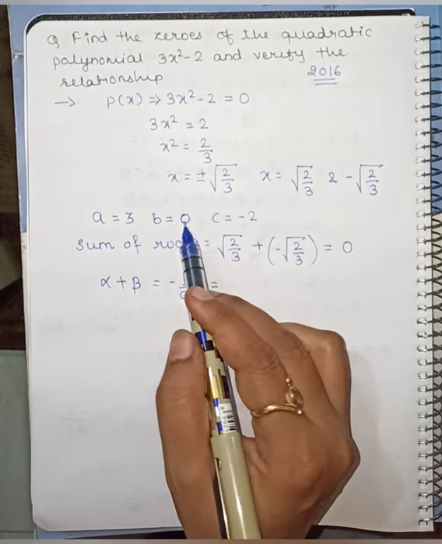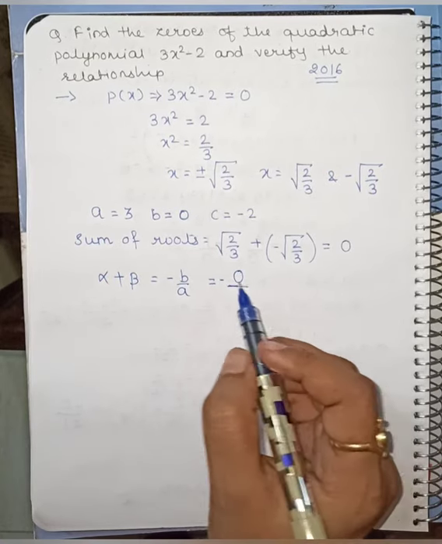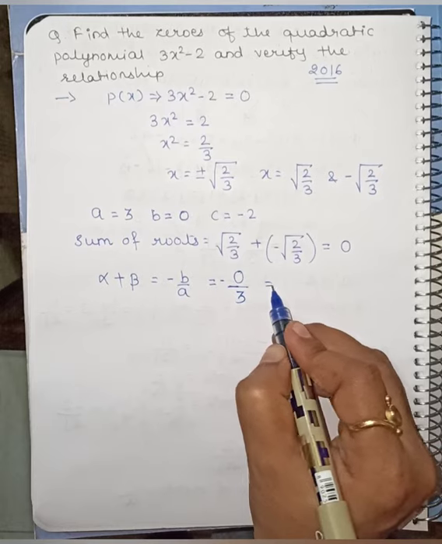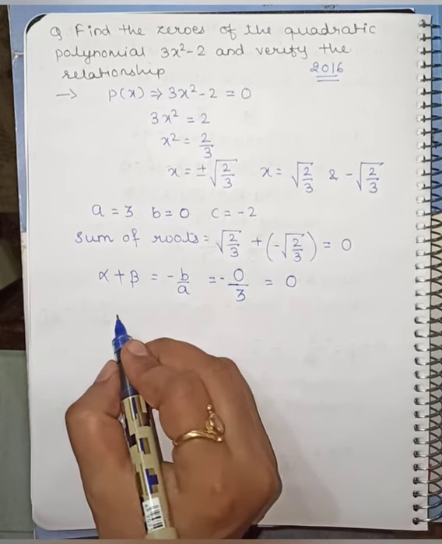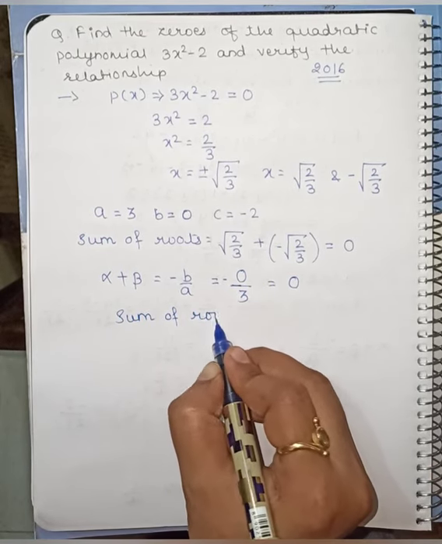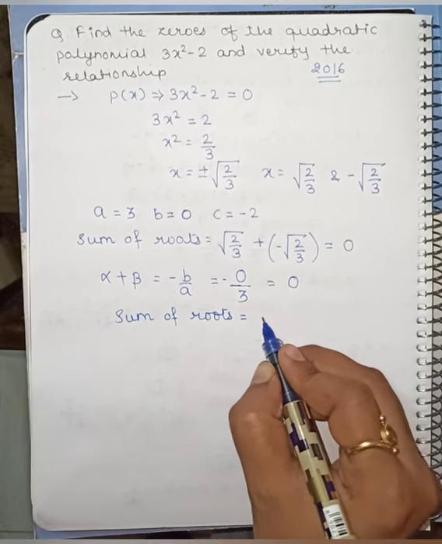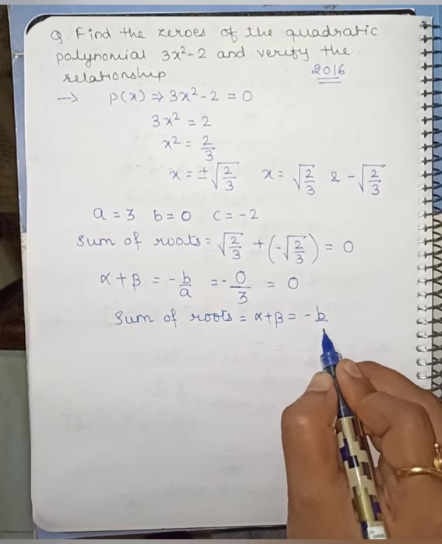Let us put the values. My value of b is 0, whereas minus 0 you can write it that way also, and a is 3, which means what is the final value? 0. So as you can see, the values are same, so I can write I have verified the relationship. So sum of roots is equal to alpha plus beta, that is minus b by a.